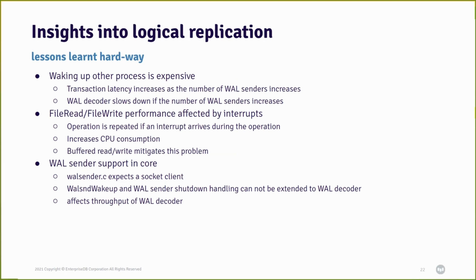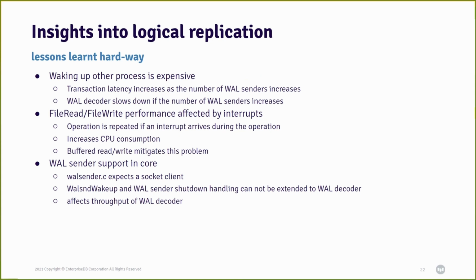The second discovery was that the file read and file write APIs that PostgreSQL provides are affected by interrupts. So when, let's say, a WAL sender is reading LCR or even WAL, or WAL decoder is reading WAL or LCRs, if an interrupt occurs, if somebody else tries to wake it up, then the file read or file write operation is interrupted and it is repeated, causing higher CPU consumption and also IO.